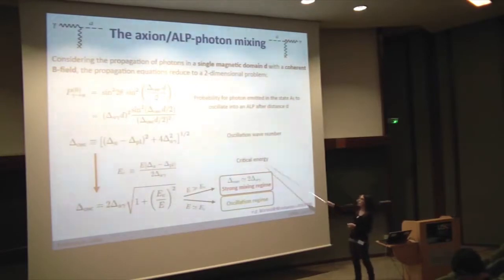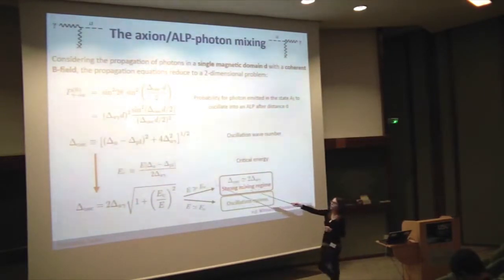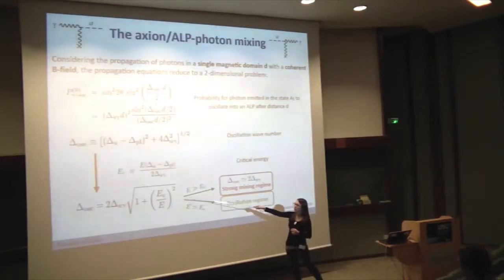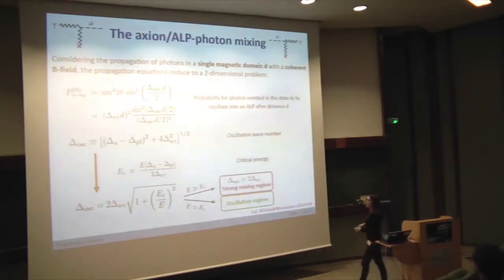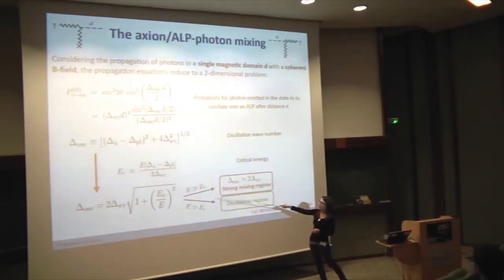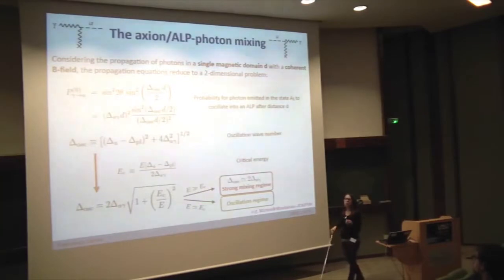Then if you introduce this critical energy, defined here, you can reparameterize this oscillation phase in terms of the critical energy. This is what matters from a phenomenological point of view, because then you can decouple two different regimes.